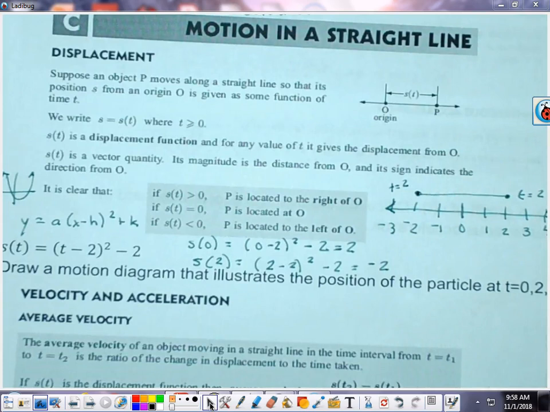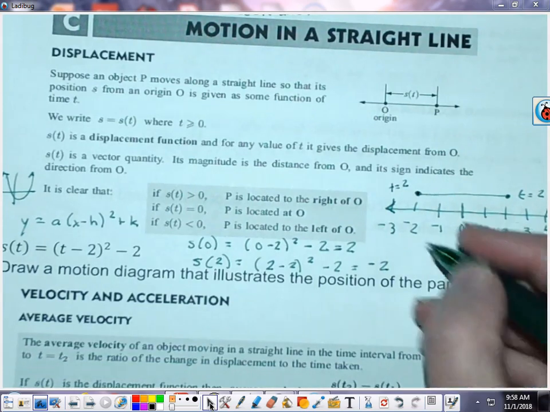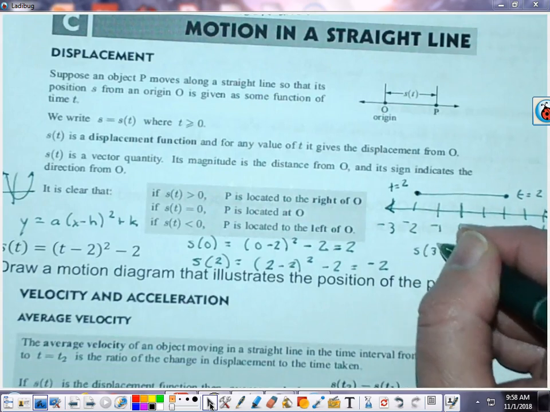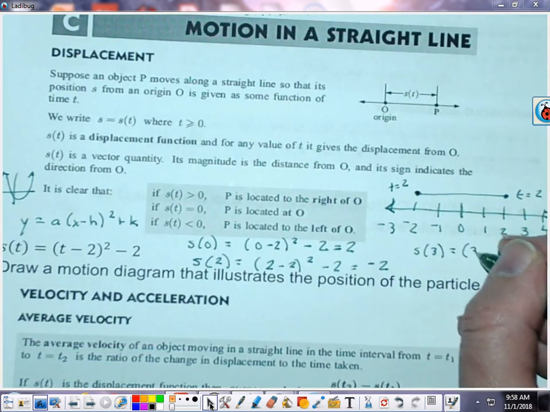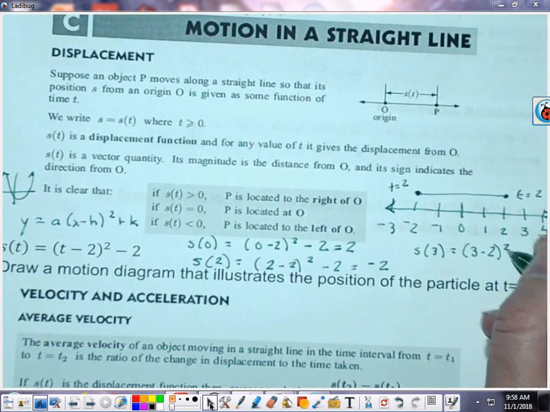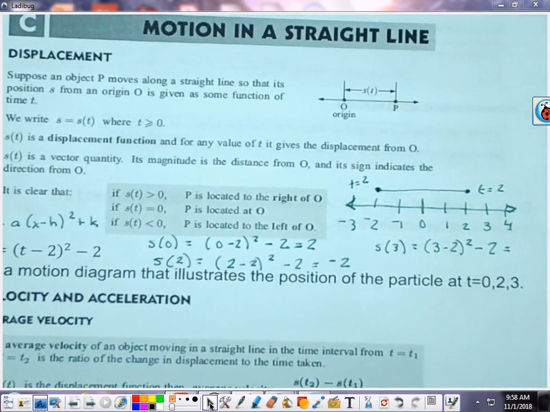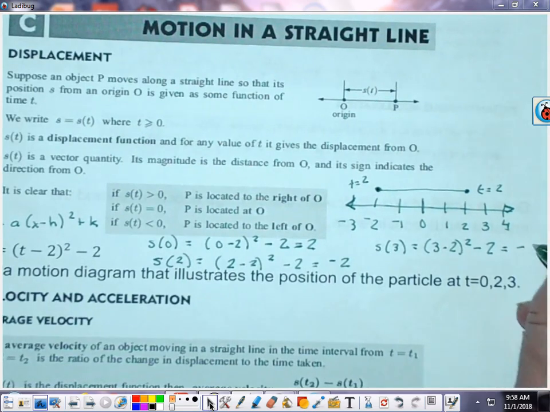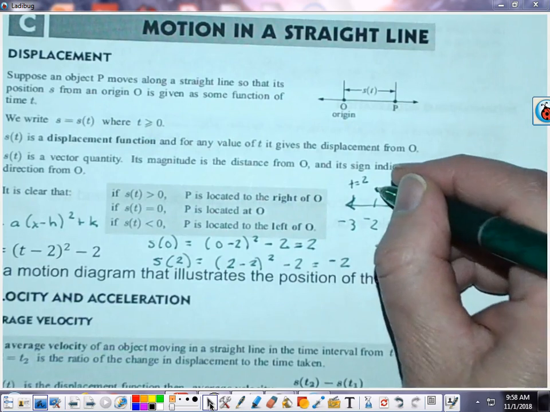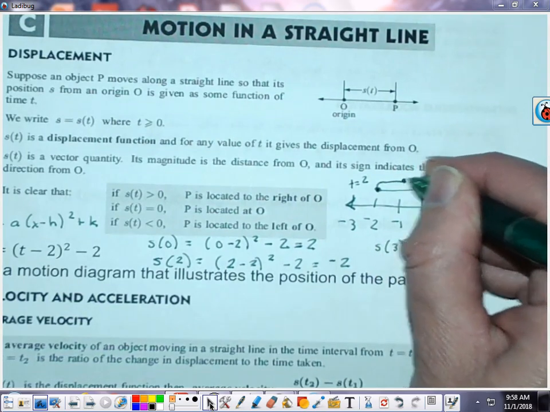Now I'm expecting it to change directions because it's a parabola, but I'm just going to put some other random point in, like 3, just because I like small numbers. So 3 minus 2 squared minus 2. So you have 1 minus 2, which is negative 1. So what happens is it turns around, and now it's here.